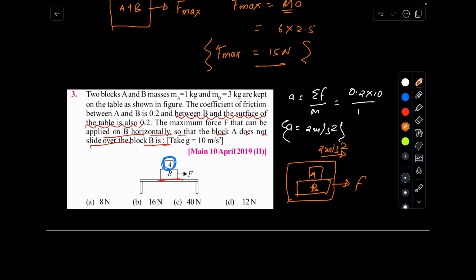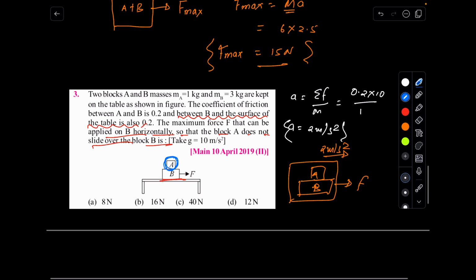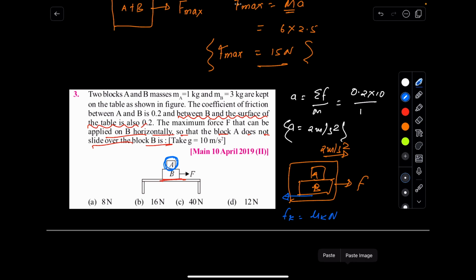And when they are moving together, tell me, there will be friction in the left direction on B. It will be a kinetic friction, mu K multiplied by N on B, so that becomes 0.2 multiplied by (Ma plus Mb), which is 40, so that becomes 8 Newton. When B is going to move, there will be a friction.